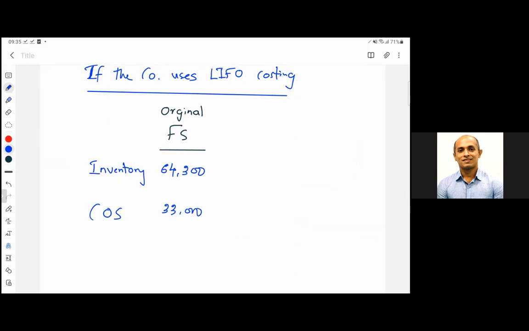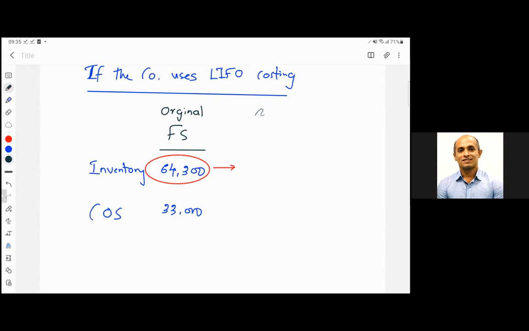So here problem is with inventory value. Because part of this inventory is not at current cost. Therefore, we have adjusted this inventory value.